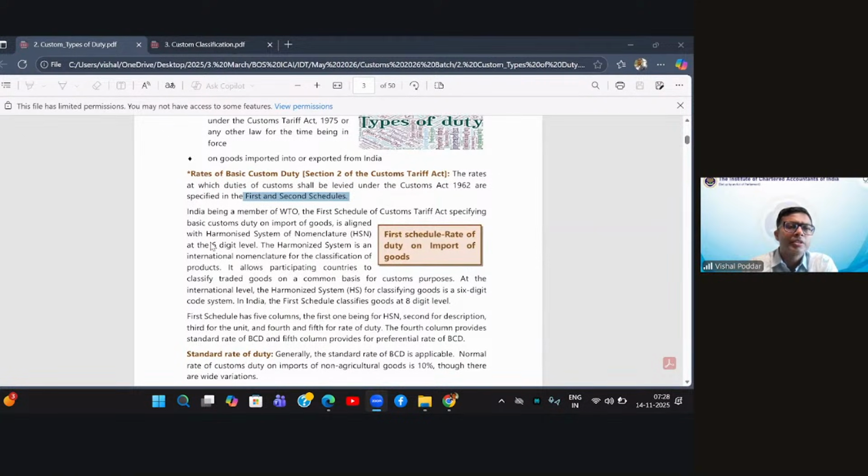Internationally, this HSN code is a 6-digit code. However, in India, we have added two more digits. That is why when you study GST, you know that there are 8 digits. Why? The last 2 digits we added because we wanted further detailing, because in India, even achar, that is pickle, has different varieties. Internationally, a pickle is a pickle, that's it.